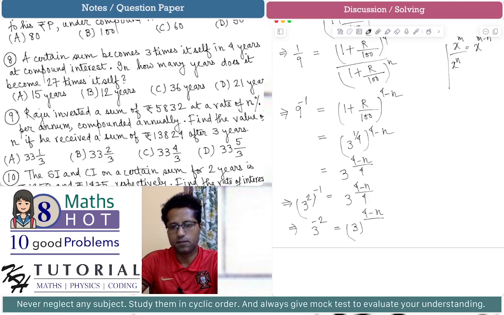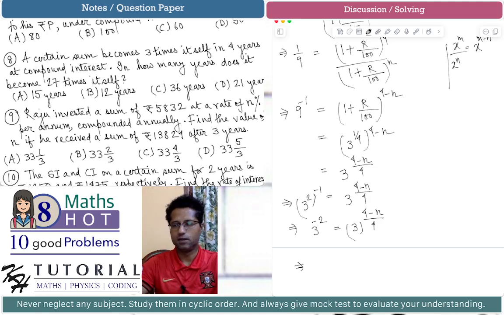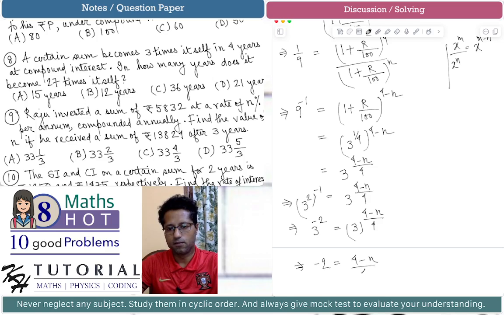Now when we have an equation where both the LHS and RHS are exponents, and the base is the same, as you can see in this equation the base is the same on both sides, which is 3, then we can equate the powers. So we can say minus 2 is equal to (4 minus n) by 4.